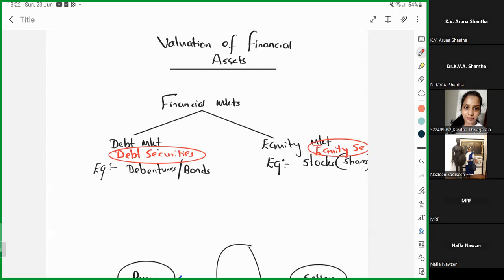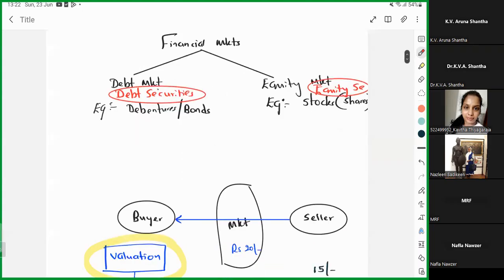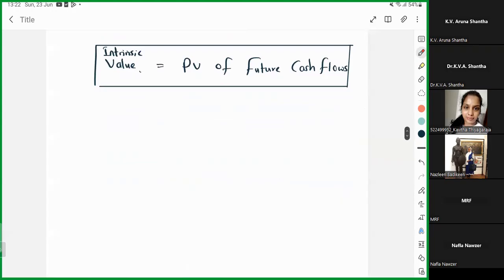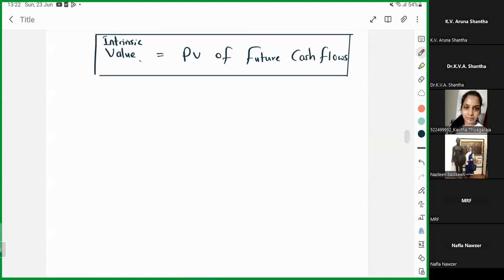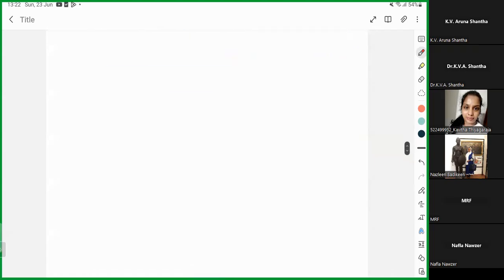We will first learn valuation of debt securities, and after that, valuation of equity securities. We are taking very few examples of securities. Now we know the valuation method, present value of future cash flows, so we'll start with valuation of debt securities.